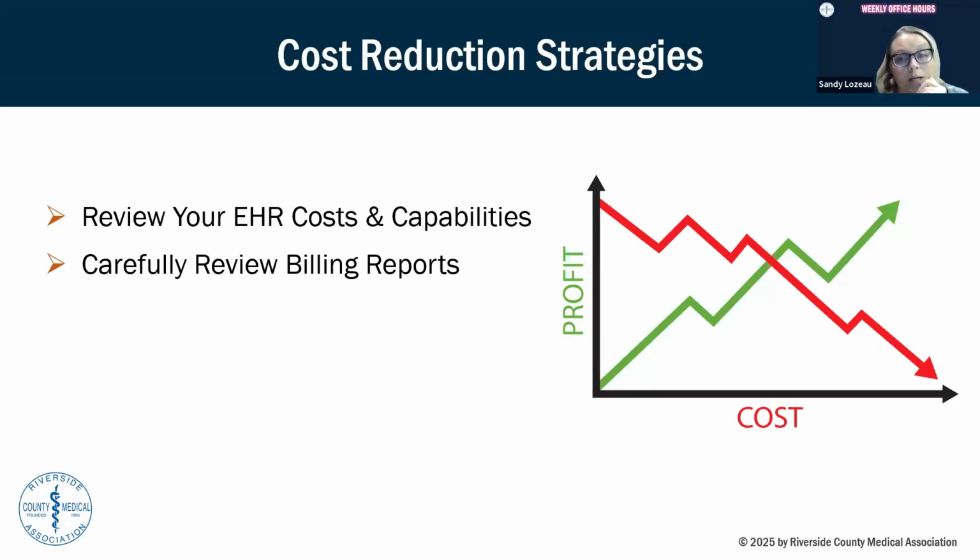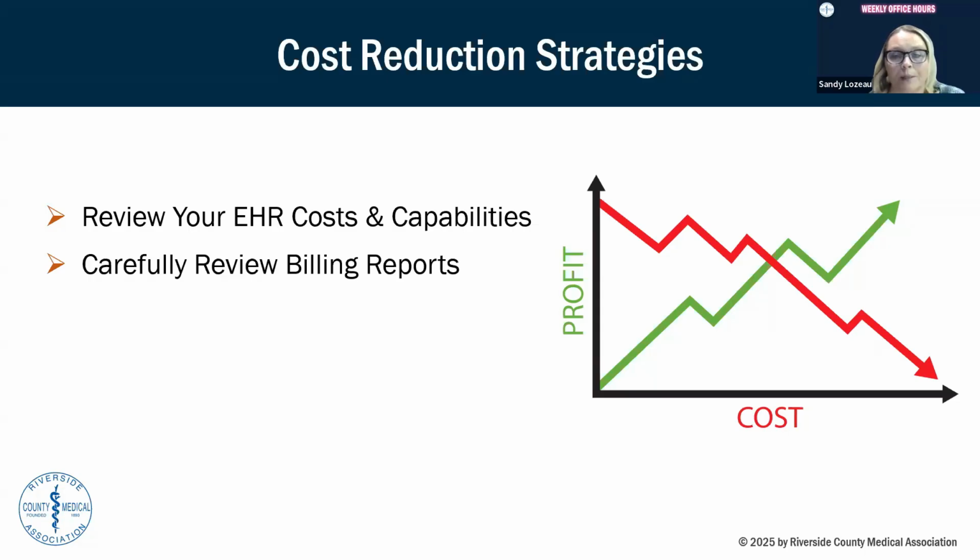So consider those when you're looking at cost reduction. Carefully reviewing billing reports. This cannot be understated. I mean, we can have 3 office hour topics on this alone, truly, but you need to make sure that those are being looked at on a regular basis. I do want to mention that if you don't know already, our CMA's business partner, Unislink, does do a free analysis, which is extremely comprehensive. Of course, they are a service.